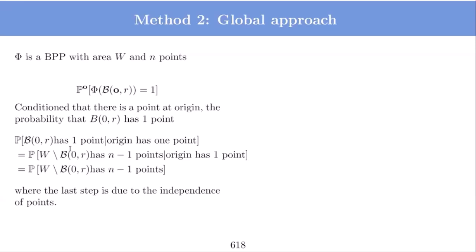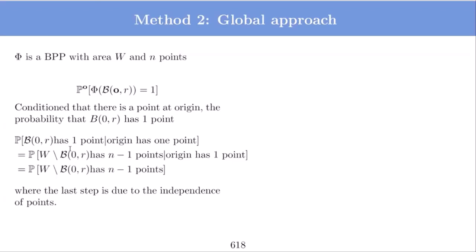So computing the probability that the ball B(0, r) has 1 point is the same as computing the probability that the outside of the ball, which is W minus B(0, r), has n minus 1 points. So what I want to compute is the probability that W minus B(0, r) has n minus 1 points, conditioned on the origin having 1 point.